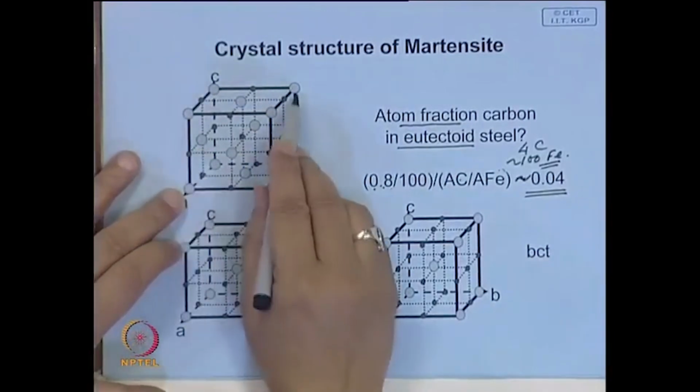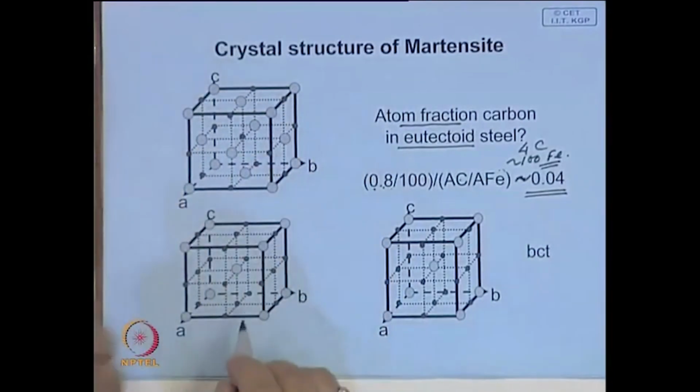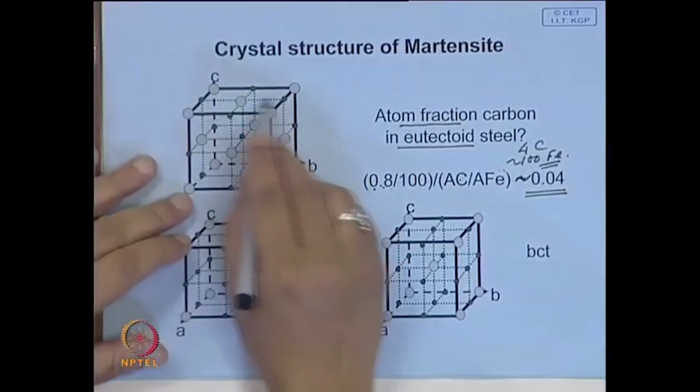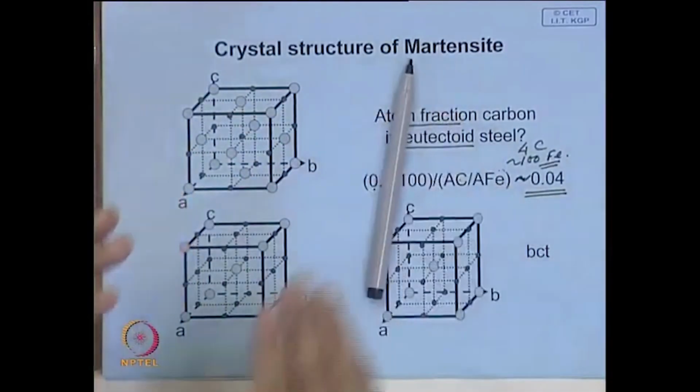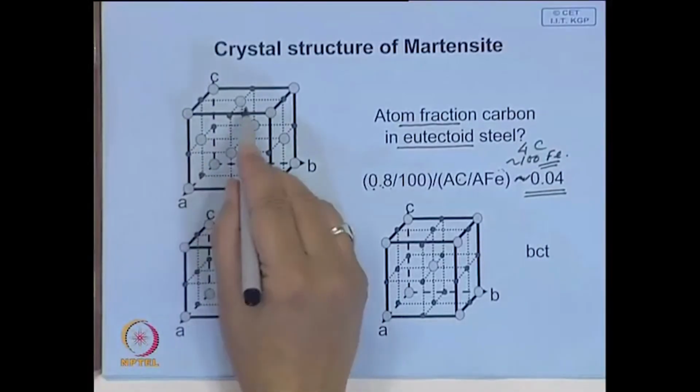So, basically what you see is if you have a face centered cubic structure, you have a very large number of sites. So, the question of these sites getting saturated does not arise. You have plenty of sites to accommodate carbon atoms.